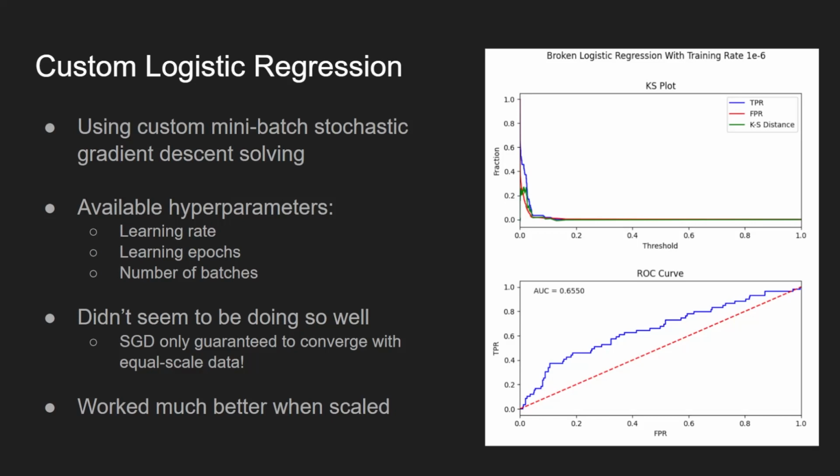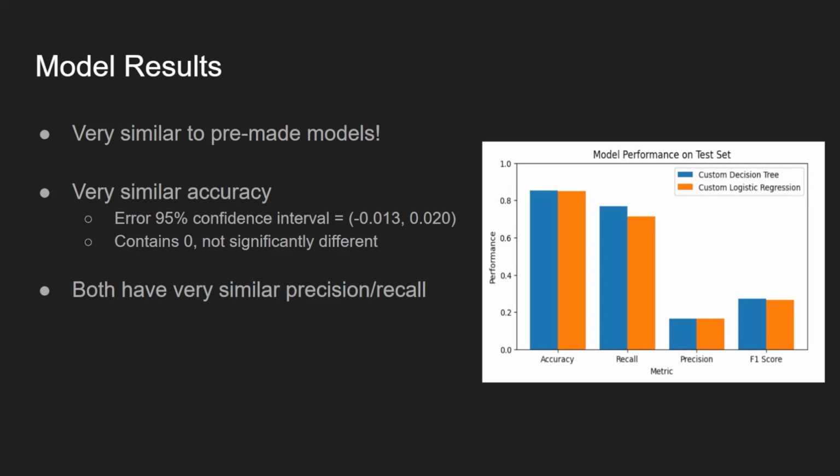The problem lay in convergence, in that the SGD algorithm previously implemented did not converge and produced these erroneous results. The primary issue was the scale of the variables. We had to fix this so that, for example, income didn't overly influence the results. After scaling these variables, it ended up working much better, as we'll see soon.